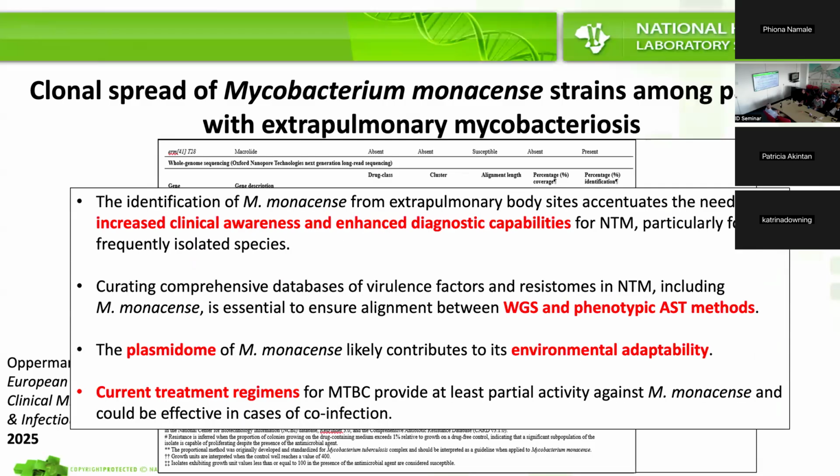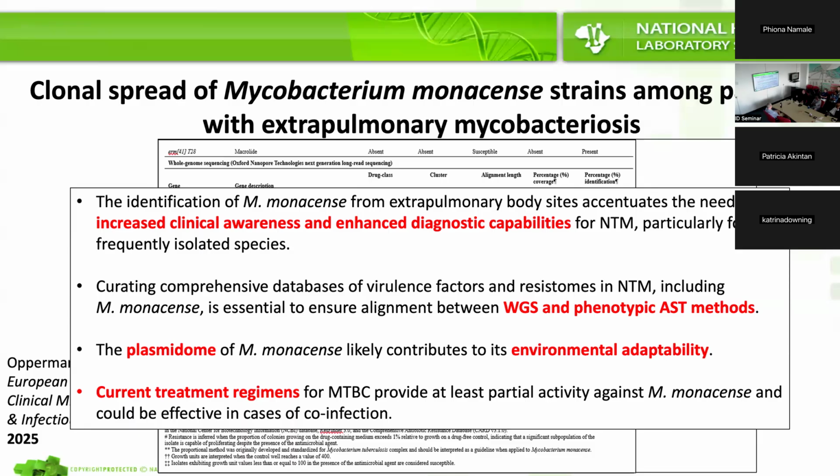And I think what we found, between the whole genome sequencing virulence and resistome genes, was a lot of discrepancy when it comes to the phenotypic results that we got as well. So we do need better curated, comprehensive databases to link those with one another. The plasmidome, like in most NTMs, will probably play a big role in environmental adaptability and how they would react in a host as well.